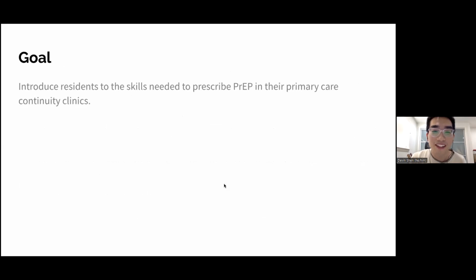So the goal of the talk today is to introduce residents to the skills needed to prescribe PrEP in their primary care continuity clinics, and for the people who've already been prescribing PrEP, to introduce a little bit more nuance into the practice.